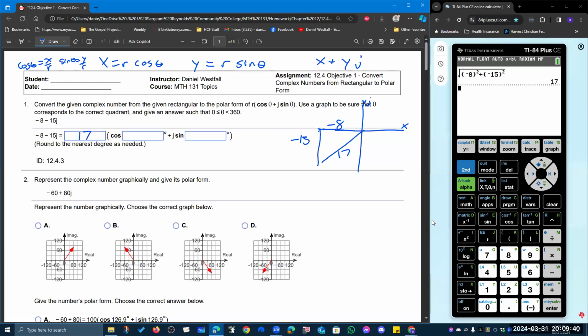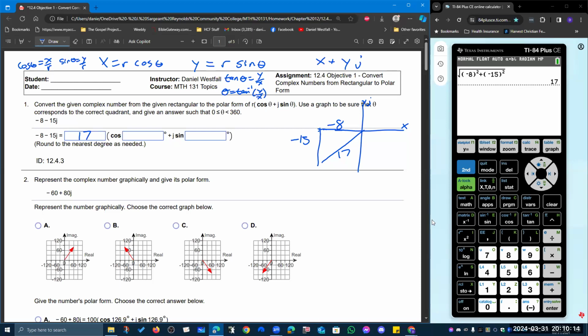Put r and then cosine of, we need to find theta. The way we're going to find theta is we're going to take arctangent of y over x. So that's another thing to know, is that tangent of theta is y over x. So theta is usually going to be arctangent of y over x, but it may be that plus pi or minus pi, or some other adjustment, depending on which quadrant we're in.